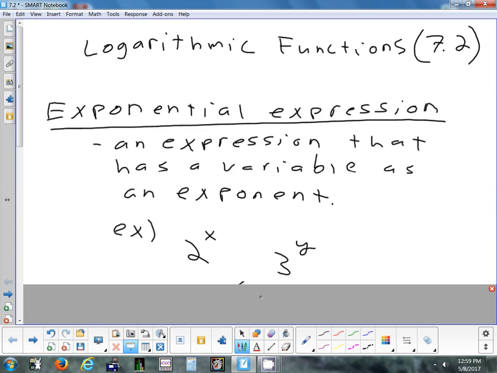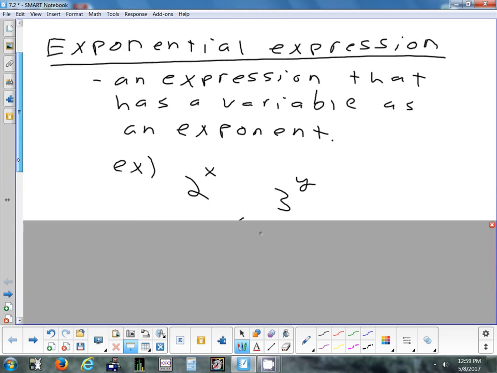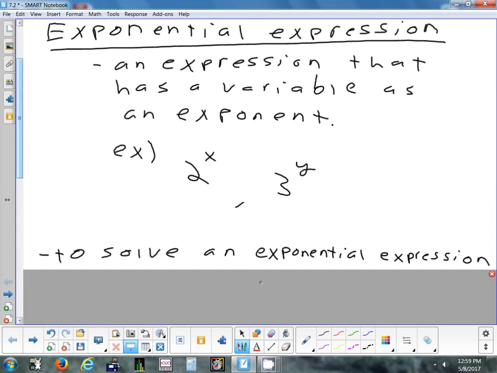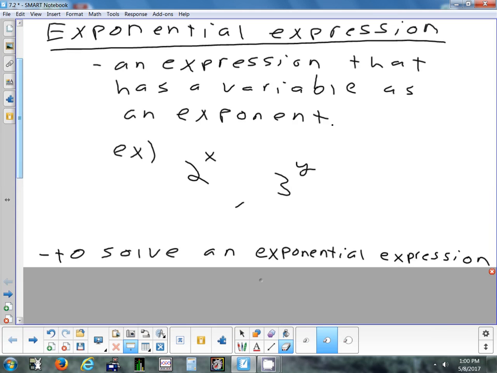Those are both examples of exponential expressions. 2 to the x, 3 to the y. So what we're going to be doing is solving exponential equations.